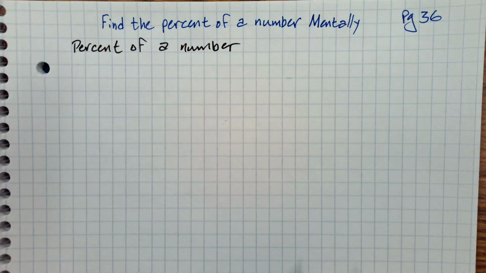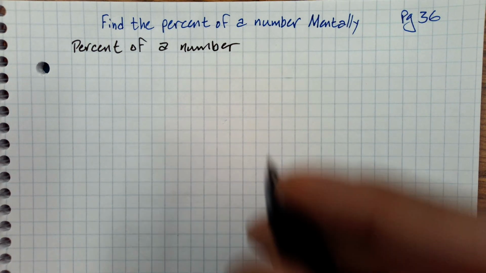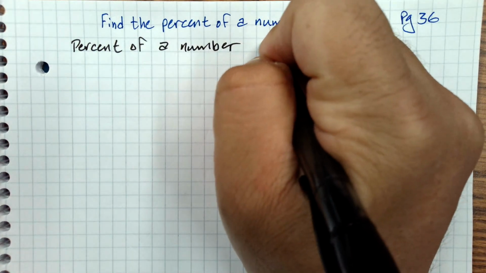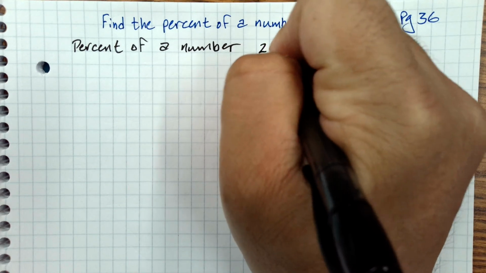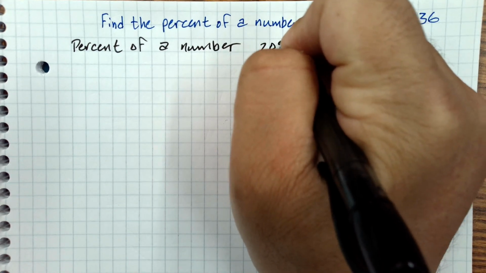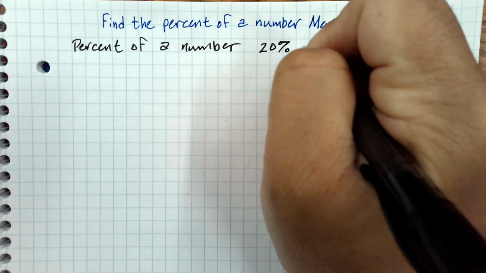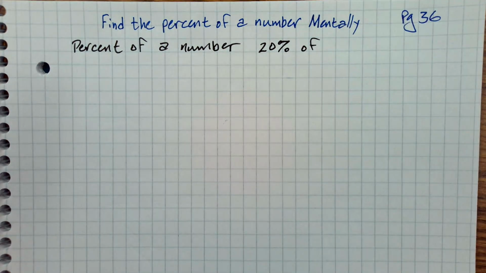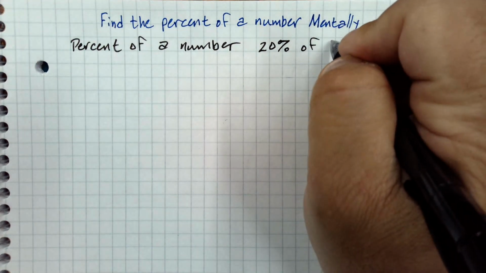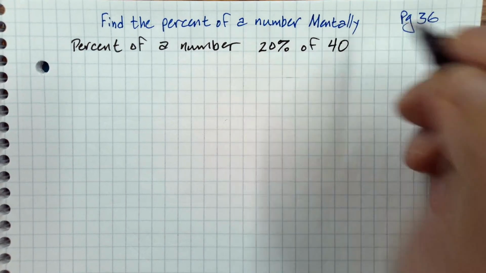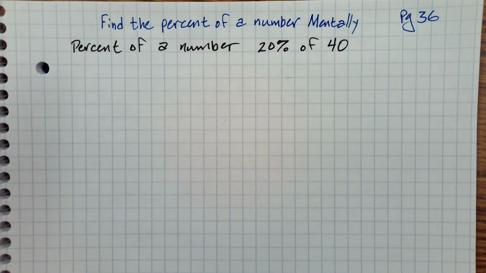Okay. So if, for example, I want 20% of, let's say, 40, and I want to figure that out.